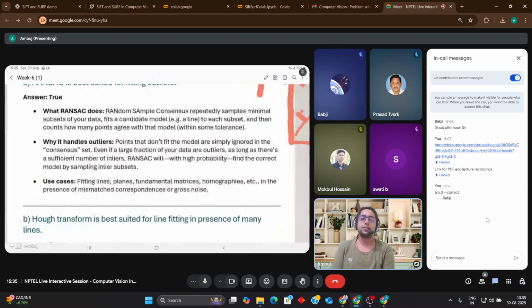They are the outliers. Even if a large fraction of your data are outliers, as long as there is a sufficient number of inliers, RANSAC will have a high probability of finding the model by sampling inlier subsets. If your data set has a large fraction of outliers, it will just focus on the inliers.